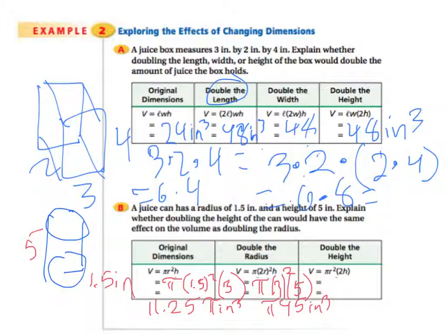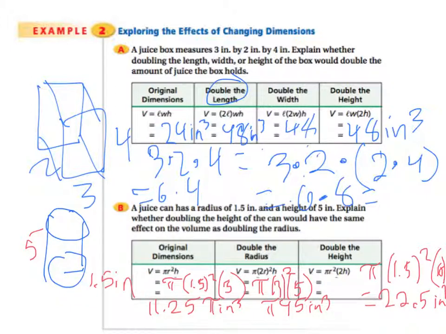And then lastly, if we double the height, let's see what happens. So pi times 1.5 squared times the height, which is now 10. We're going to get about 22.5 pi inches cubed.